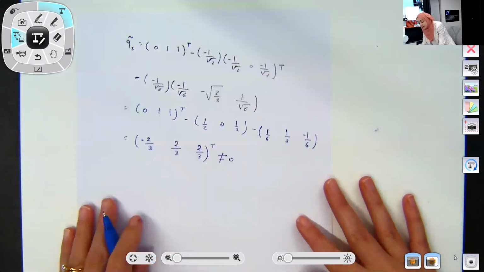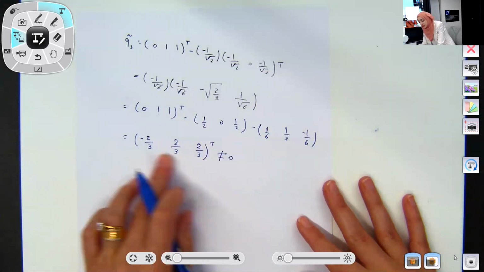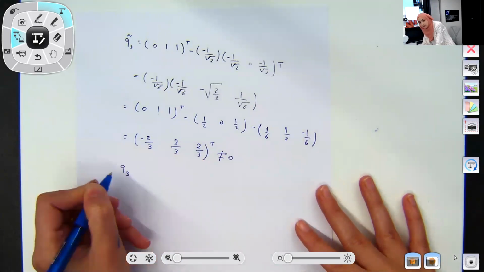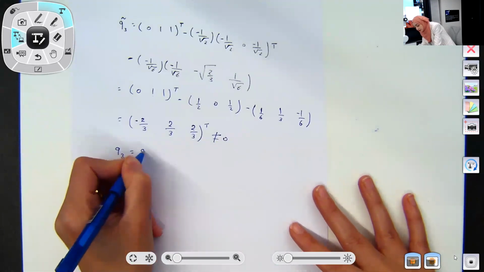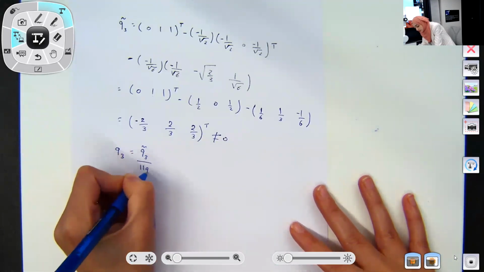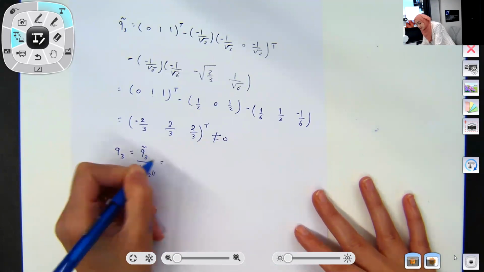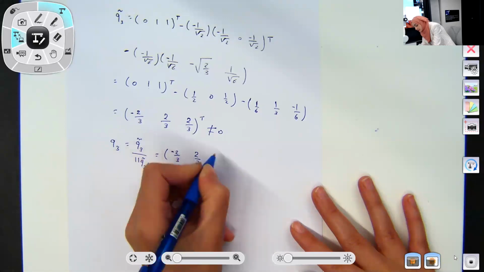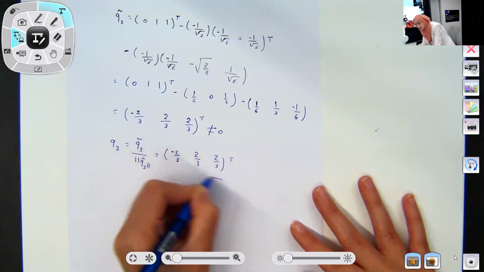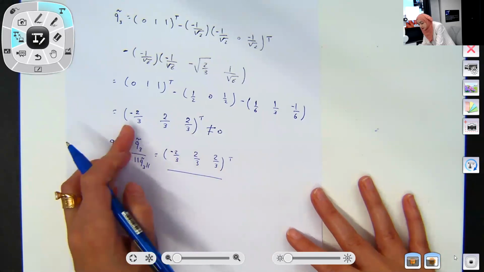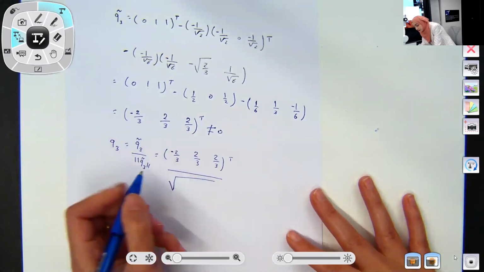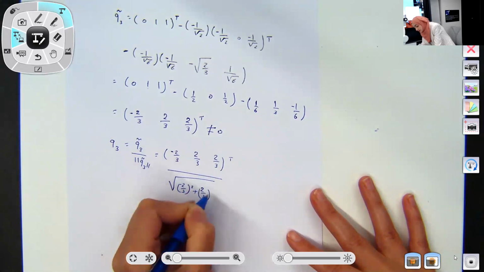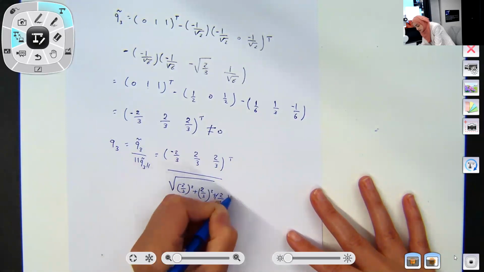So we need to find the value of Q3 by dividing each element by the norm of Q3 tilde. So Q3 is equal to Q3 tilde divided by the norm of Q3 tilde. This is equal to (minus 2 over 3, 2 over 3, 2 over 3) transpose divided by the norm of this vector, and the norm of this vector is equal to the square root of minus 2 over 3 squared plus 2 over 3 squared plus 2 over 3 squared.